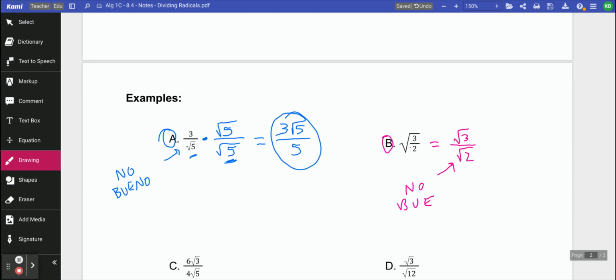We have to get rid of the radical 2 in the denominator, and we're going to do this by multiplying the top and the bottom by that radical 2. Radical 3 times radical 2 is radical 6. Radical 2 times radical 2 is regular 2. I can only simplify if both numbers are in a radical or both numbers are out of a radical. So I cannot simplify radical 6 over regular 2. There's nothing to simplify, so we're done.